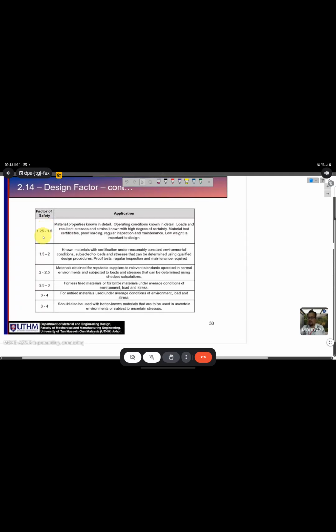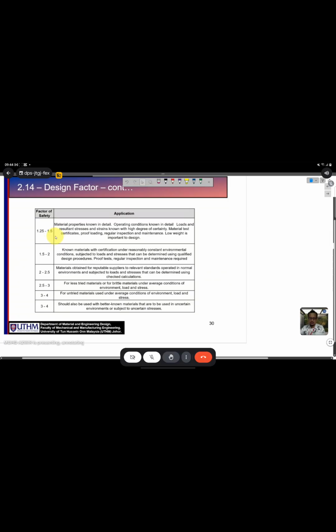You can put a safety factor of 1.25 up to 1.5 if the material properties are known in detail, operating conditions are known in detail, loads and resultant stresses and strains are known with a high degree of certainty, there is a material test certificate, proof loading, regular inspection and maintenance, and low weight is an important consideration. That means you can use a lower safety factor if you know everything and make sure that everything is correct.